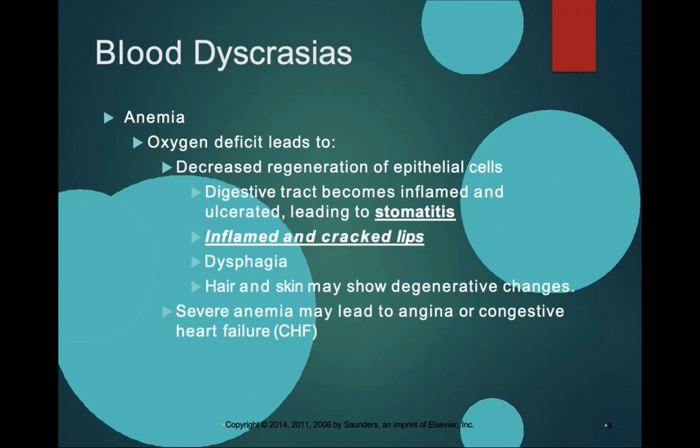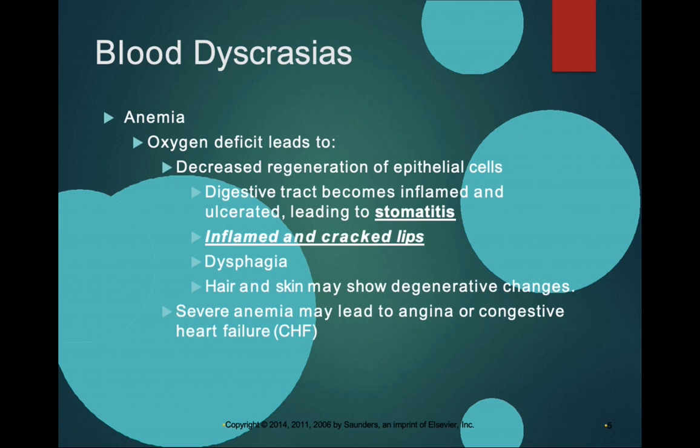What else can oxygen deficit lead to? Well, it leads to decreased regeneration of the epithelial cells. The digestive tract becomes inflamed and ulcerated, and it can also lead to stomatitis, which is a good indicator, and it can be seen visually on a nutritional physical exam.